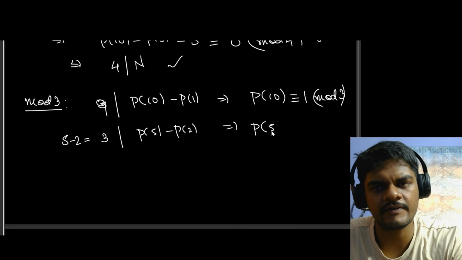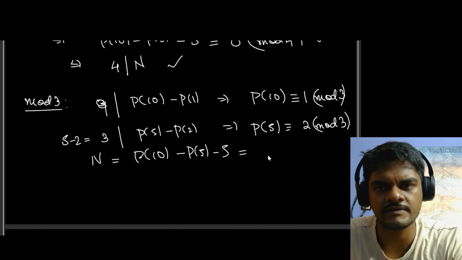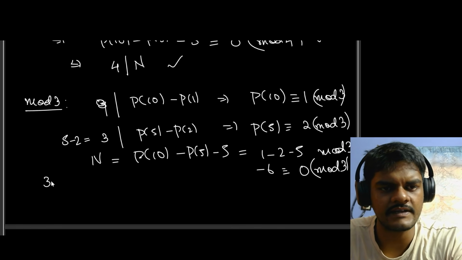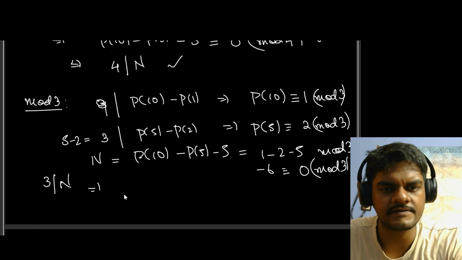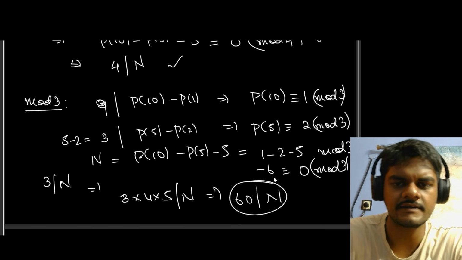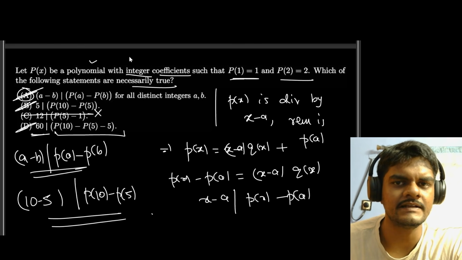So that will imply p of 5 is congruent to 2 mod 3. So n equal to p of 10 minus p of 5 minus 5 is 1 minus 2 minus 5 mod 3, and that is minus 6 mod 3, which is congruent to 0 mod 3. So 3 also divides n. That implies 3 into 4 into 5 divides n. 60 divides n. Right? So 60 divides this term, no problem at all. So A, B, D are correct.